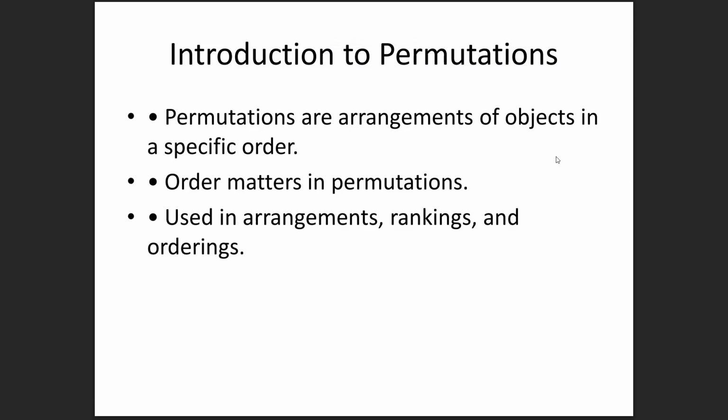We'll see all things. So coming to the mathematics part, what does permutation mean? It is a mathematical concept which is used to determine the number of possible arrangements for a specific set of elements. Mathematically we are able to say how many arrangements are possible for a specific set of elements.